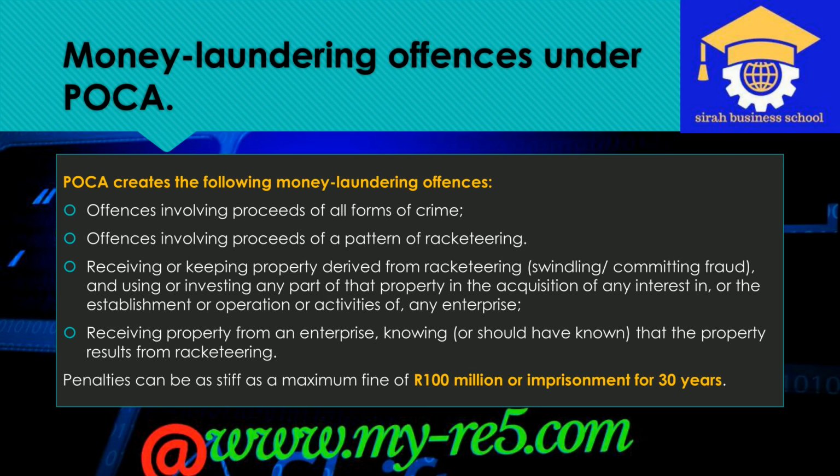Receiving or keeping property derived from racketeering, swindling, committing fraud, and using or investing any part of that property in the acquisition of any interest in, or the establishment or operation or activities of, any enterprise. Receiving property from an enterprise, knowing, or should have known, that the property results from racketeering. Penalties can be as stiff as a maximum fine of R100 million or imprisonment for 30 years.